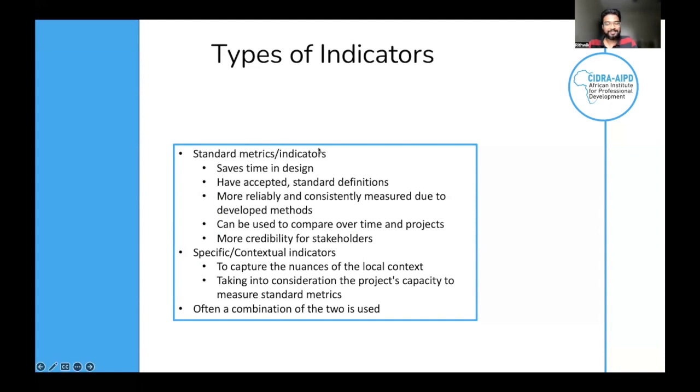Pages per day, like these are standard metrics that immediately come to all the stakeholders' minds who are dealing with a particular project. So this saves time in design because you don't need to think about how you're going to define a particular metric. And you have accepted definitions for them, and oftentimes you have measurement systems in place for the same.